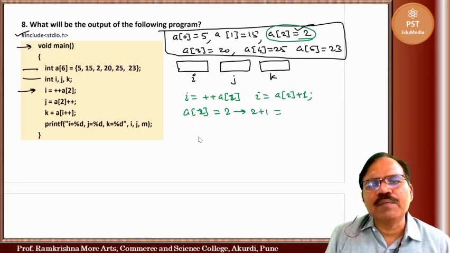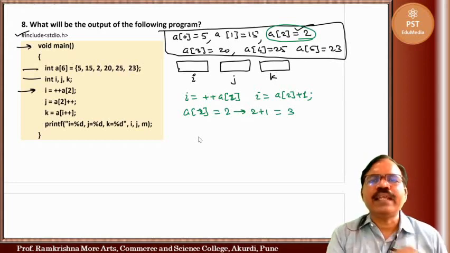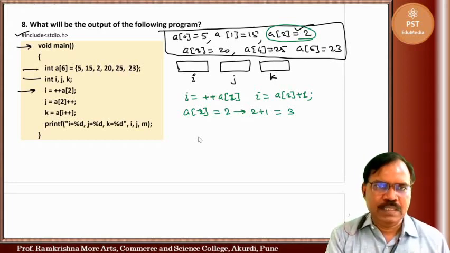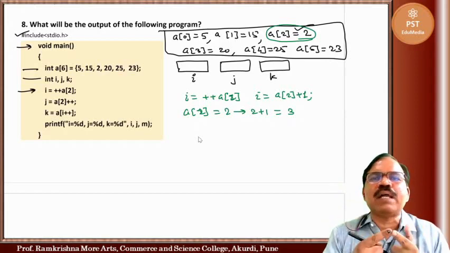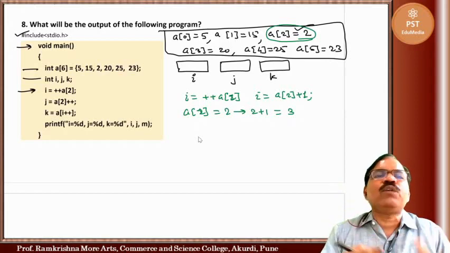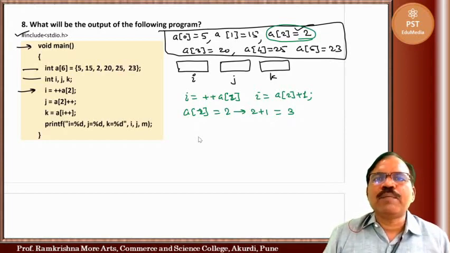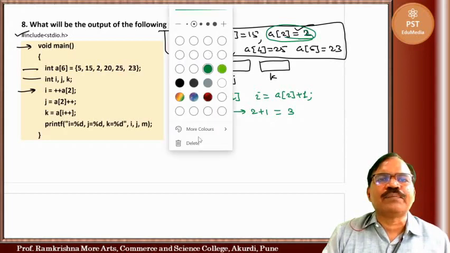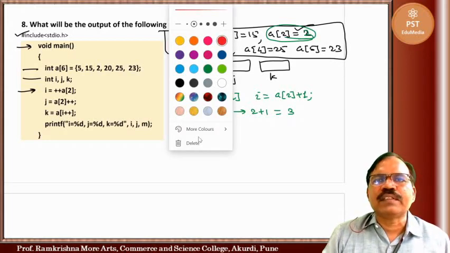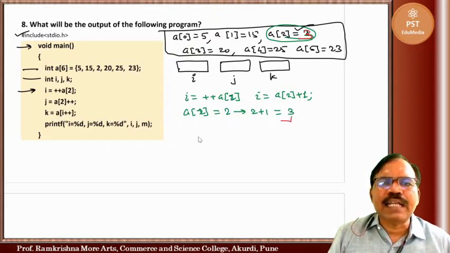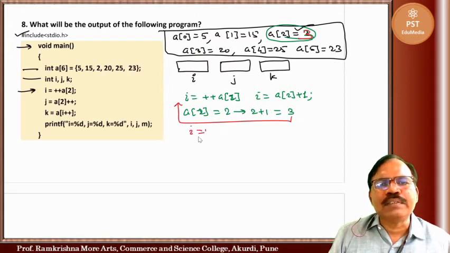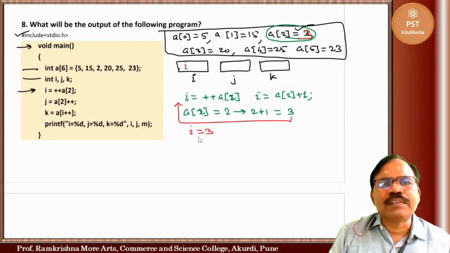So a[2] becomes 3. ++a[2] means the value of a[2] is increased by 1. So at the memory location, 3 is now stored because it is increased, and then it is assigned to i. So now i becomes 3.